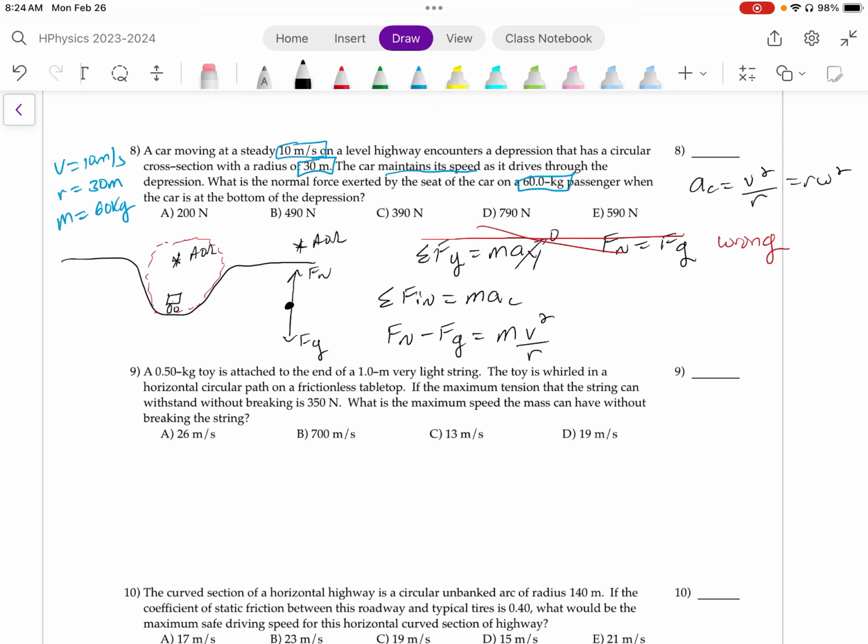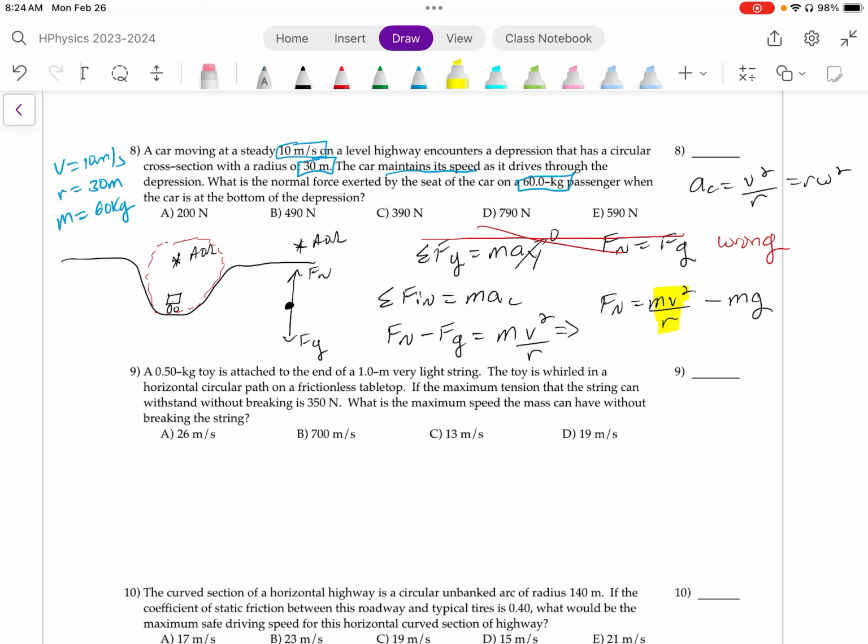I was asked to find force normal. So I'll rearrange that equation for force normal. Force normal equals mv squared over r minus fg, which will be mg. Now look at this for just a minute. The faster I go, the larger the speed is, which is located in this term right here.